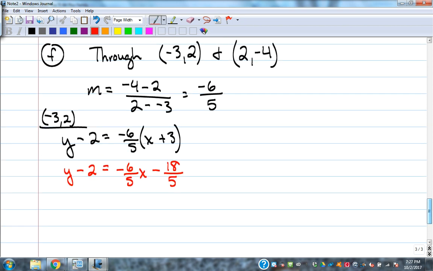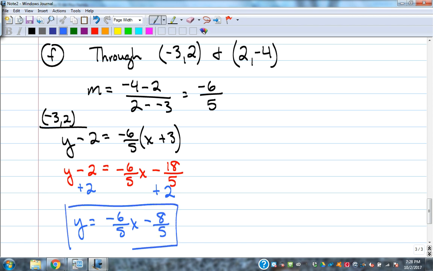And that's just distributing -6/5 to both pieces there. And then I'm going to add 2. -6 over 5x, and then that'd be 10 over 5, so -8 over 5. Right? Is that right? Without using the calculator. That's the slope-intercept form of that. That's if I use the point -3, 2.